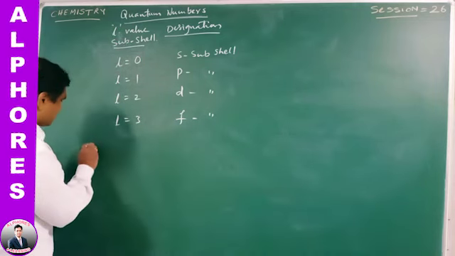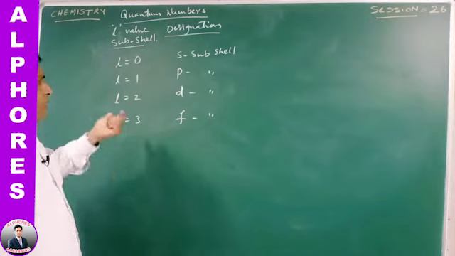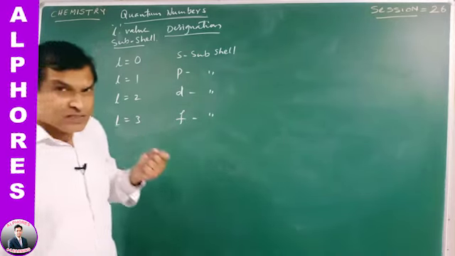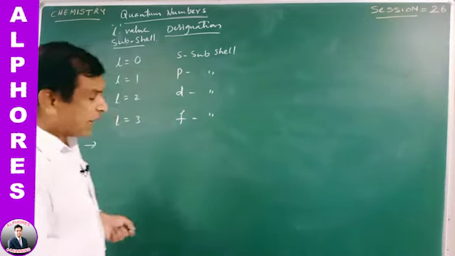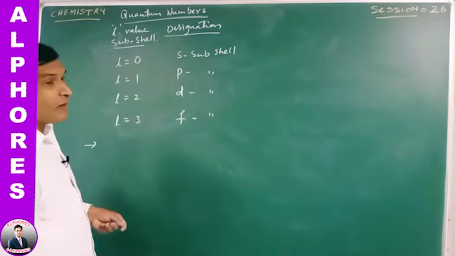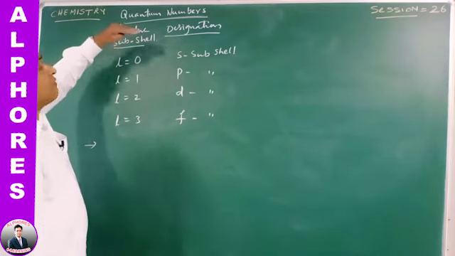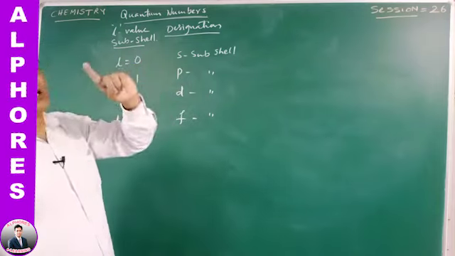Finally, the azimuthal quantum number explains the existence of subshells and their shape.